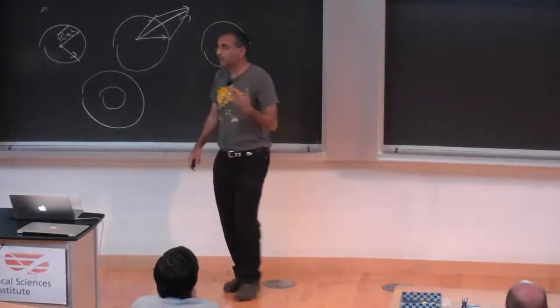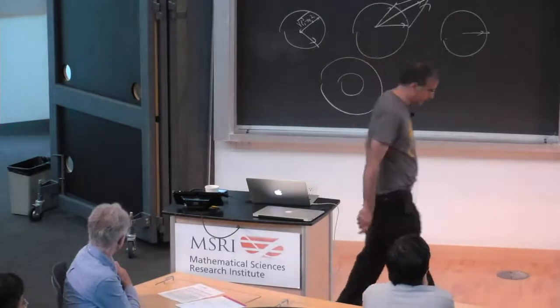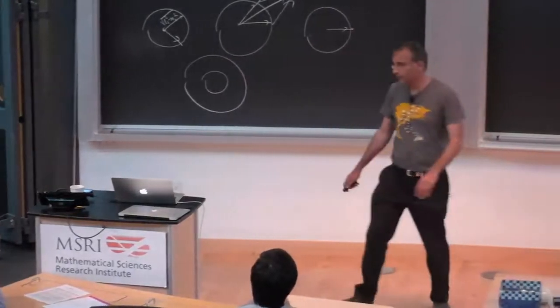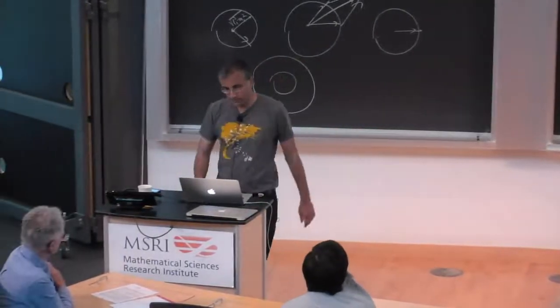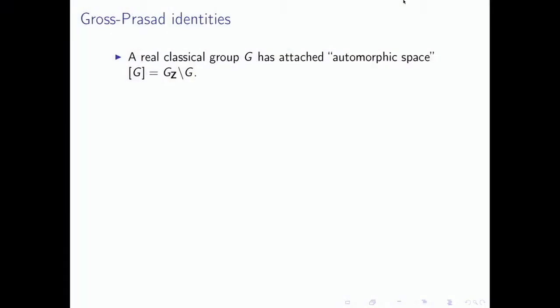Okay, but the point of all this is to have a thing that we can really use. So let me describe. I have to have a little bit of setup about automorphic forms.